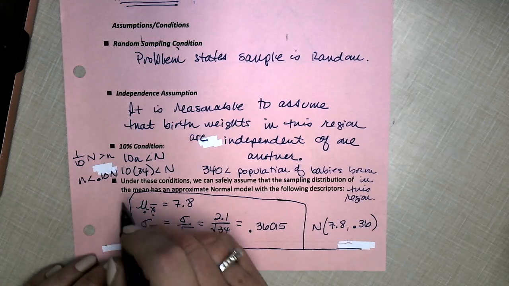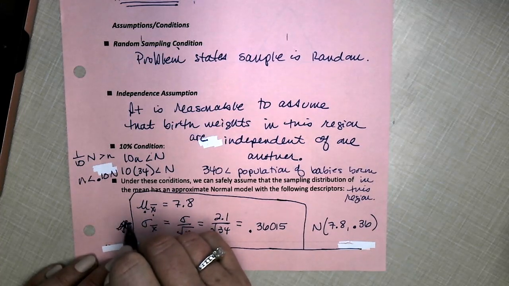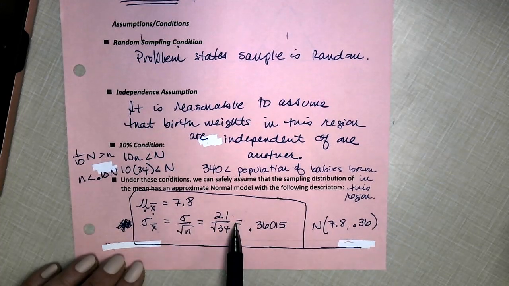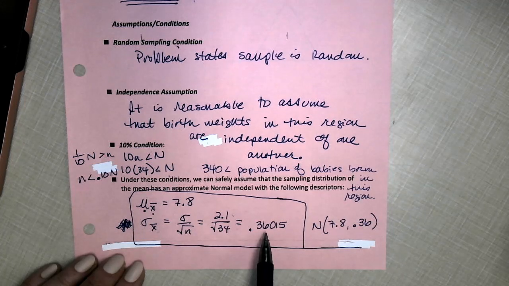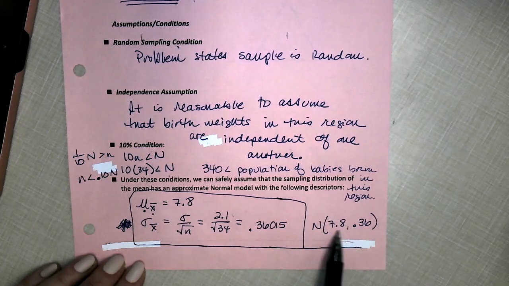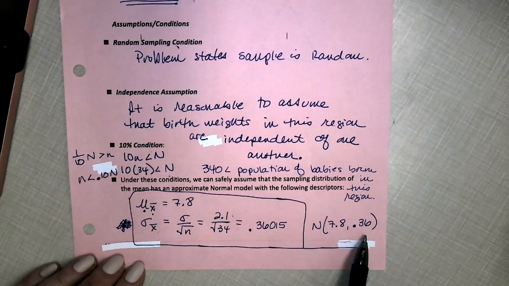So this is the piece that we may not be quite as far along. We'll have a lot more examples as we go. But you have to take the square root of the sample size to get the standard deviation of this sample. Okay, all right, so that is what we're going to use, 7.8 and 0.36.